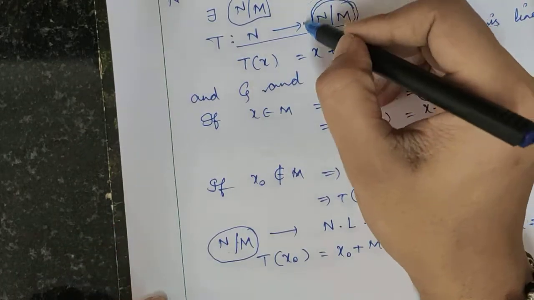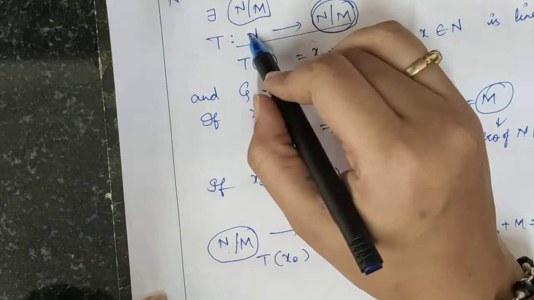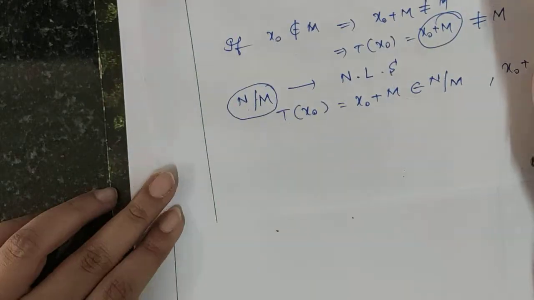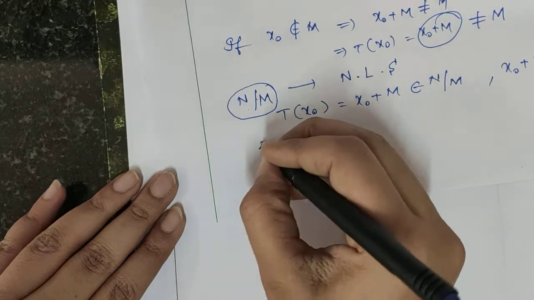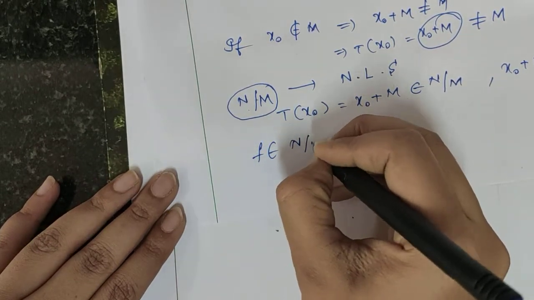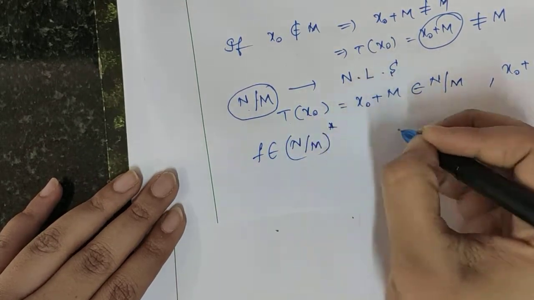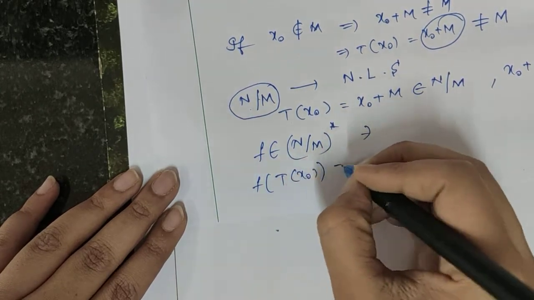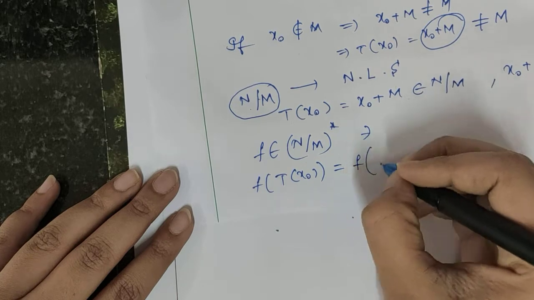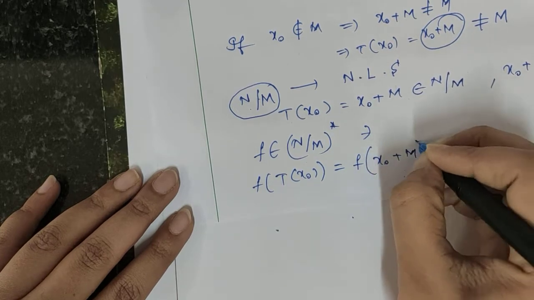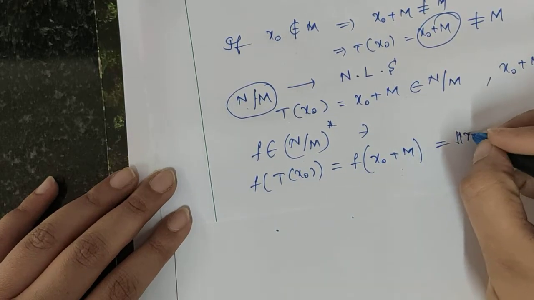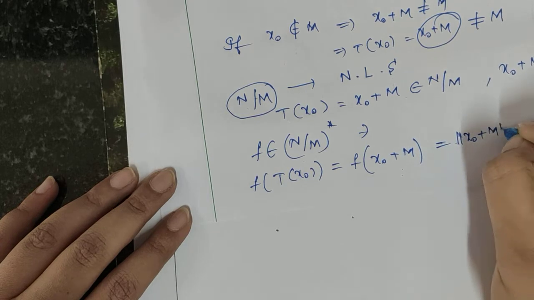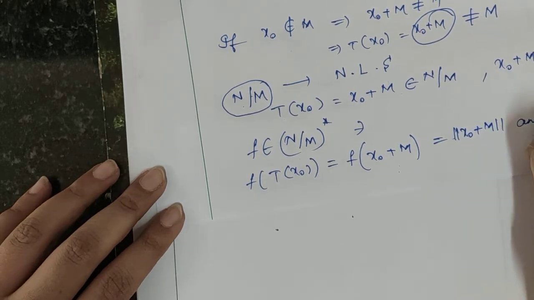So here N by M acts as a conjugate space of your N. So we can write that f belongs to (N by M) star, such that f of T of x naught will be equal to f of x naught plus M, and this is nothing but norm of x naught plus M, and norm f is equal to 1.